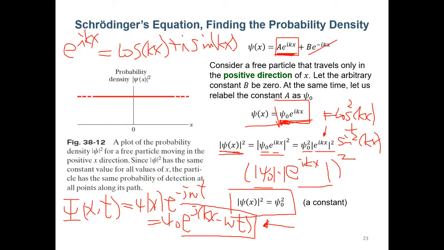This is a very important concept in quantum mechanics or in the Schrödinger equations. So it will look like this.